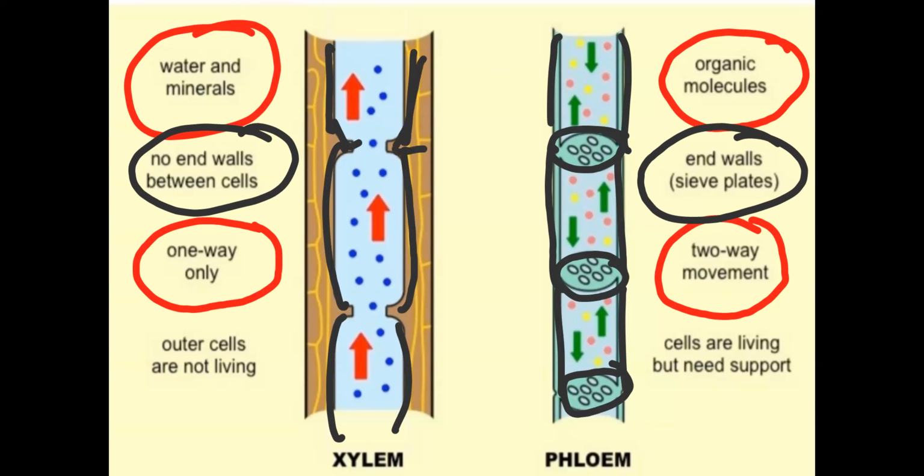Here what is done is, as you can see, end plates are having perforations through which protoplasm will be moving from one to another one. Simple as that.